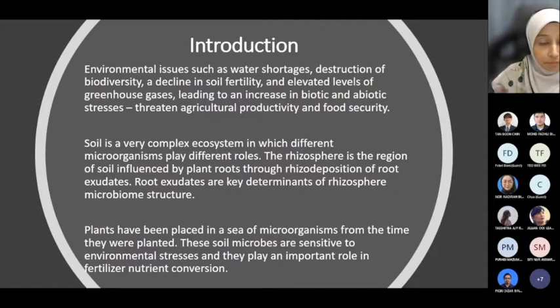About this topic, first I just want to introduce some issues and factors related to rhizosphere microbiota. Environmental issues such as water shortages, destruction of biodiversity, a decline in soil fertility, and elevated levels of greenhouse gases lead to an increase in biotic and abiotic stresses, which include living organisms, biotic, and abiotic stresses, meaning those non-living factors that threaten agricultural productivity and food security.